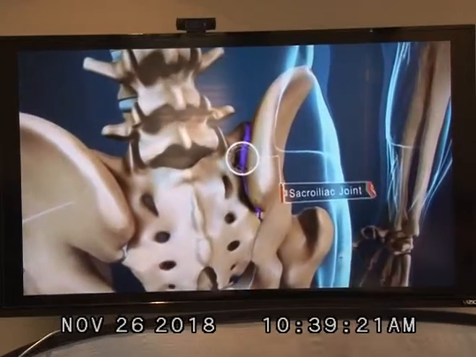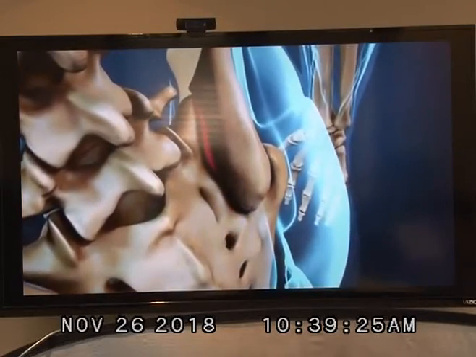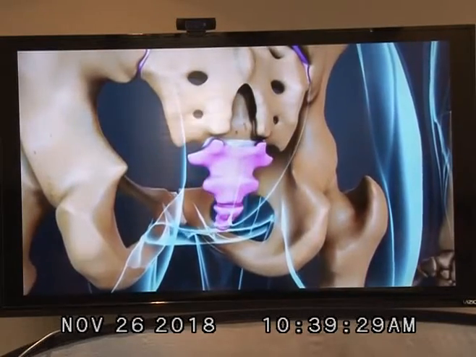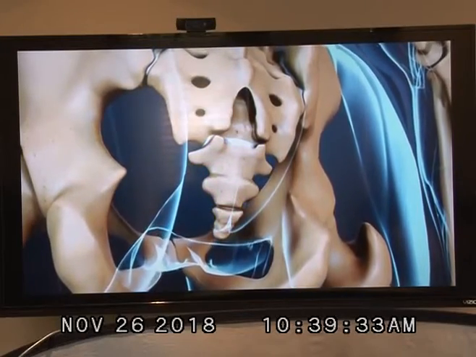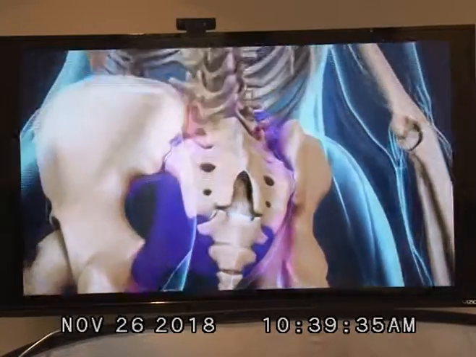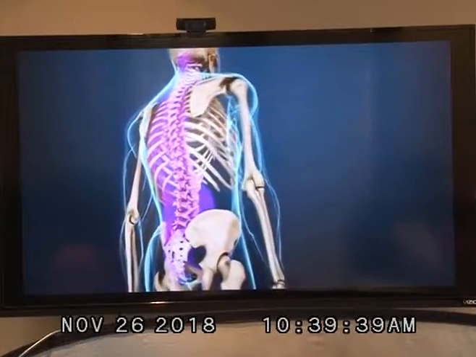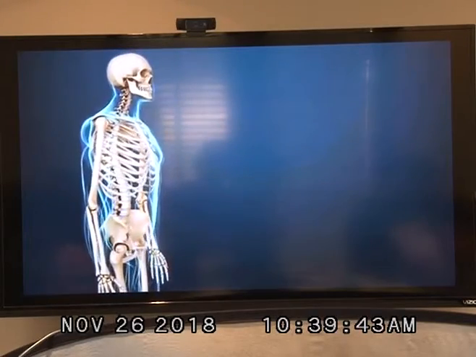If these joints are too loose or too tight, it can cause lower back pain due to sacroiliac joint dysfunction. Below the sacrum is the coccyx, or tailbone, which consists of several small bones. Any damage to this area can cause tailbone pain. The entire spine is knit together by a series of interconnected ligaments and tendons that help support and stabilize the spine, while allowing a great deal of flexibility.